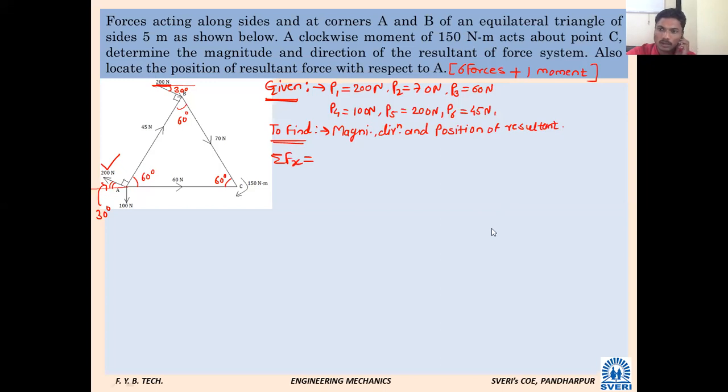Guru, will you tell your answer? I was unable to listen. Sir, 146.98. Just check once again. It is 169. Just check.